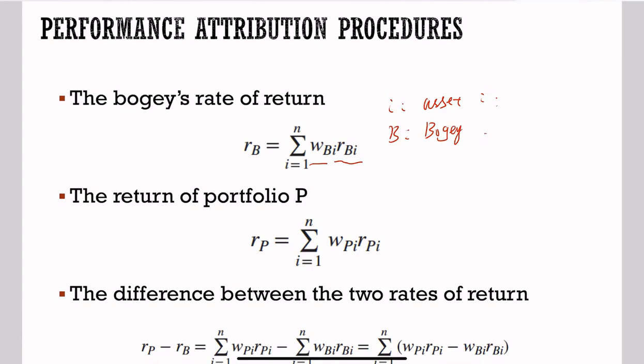R_Bi is essentially the return from asset i, and W_Bi is the portfolio weight of asset i, and N is the number of different assets. Later you will see an example which will show you how to use these formulas.